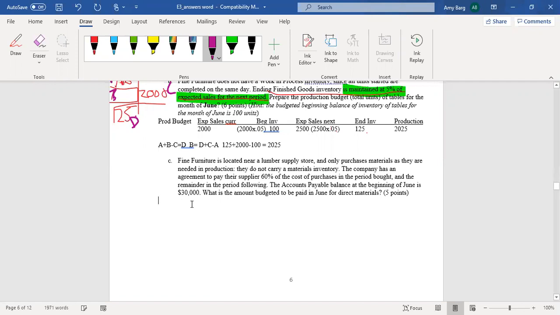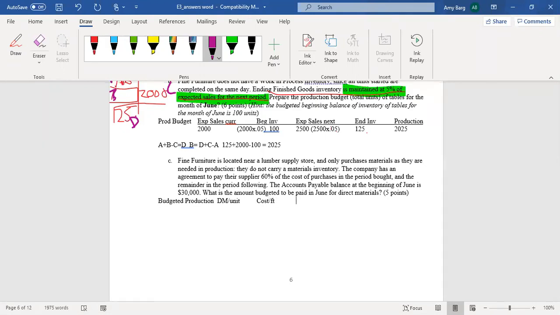So now we're looking at like a direct materials, like a money budget. The one before was a units budget. This is cash now. So we need to know the budgeted production, which we just figured out. We need the direct materials per unit. We need the cost per foot.